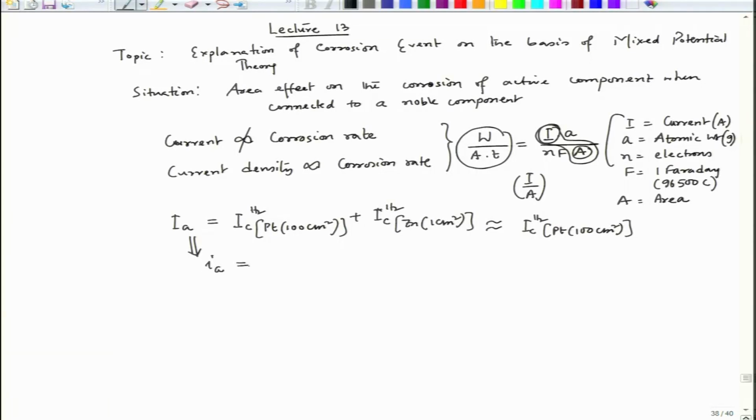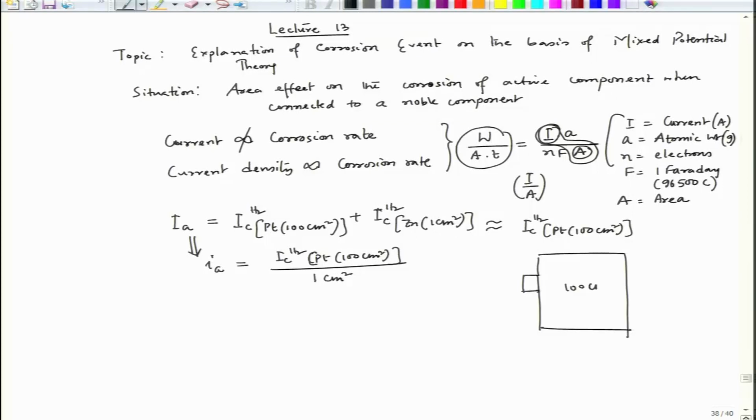So, IA would be IC hydrogen over platinum times 100 centimeter square divided by 1 centimeter square, because whatever current is flowing between 1 centimeter square of zinc and the platinum. The situation is like this: this is 1 centimeter square, and this is 100 centimeter square, and this is 1 centimeter square.